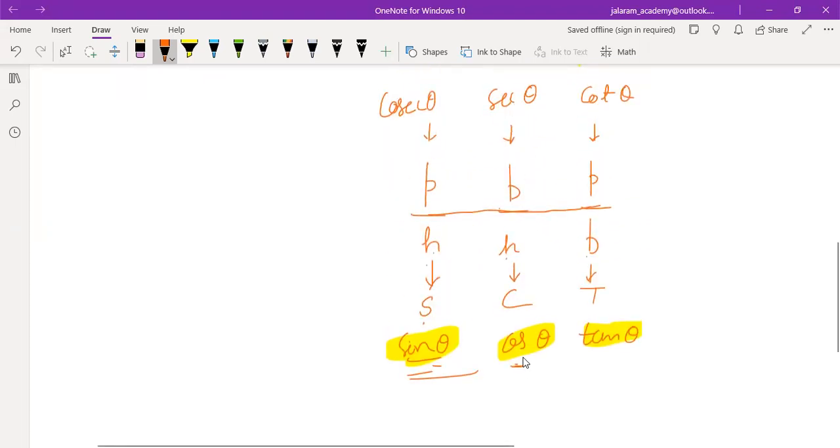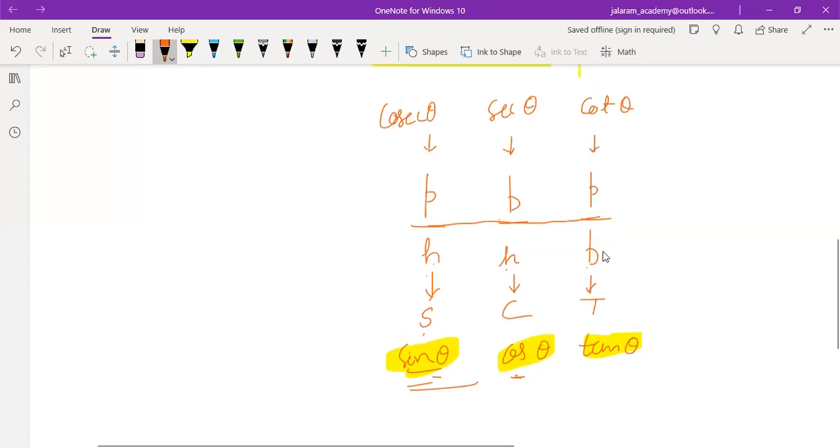So base upon hypotenuse is cos theta, and third ratio is perpendicular upon base, which is tan theta. Then base upon perpendicular, which is cot theta, hypotenuse upon base, which is sec theta, and finally hypotenuse upon perpendicular, which is cosec theta.